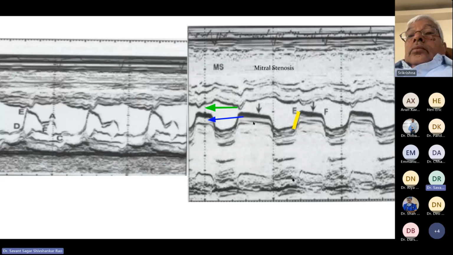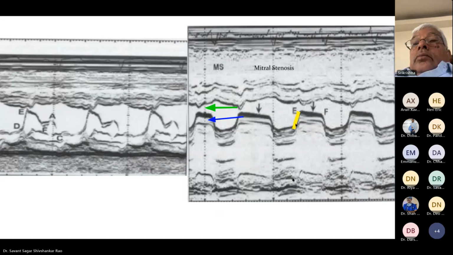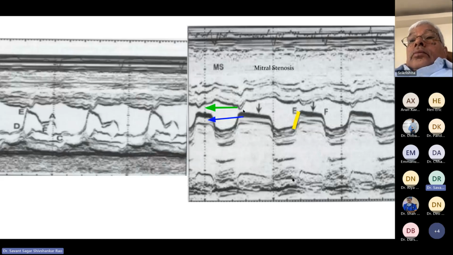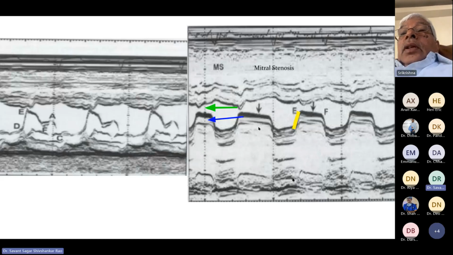We can see the anterior diastolic movement of the posterior mitral leaflet, and the slope, that is E and D, marked with yellow, has reduced, and the green arrow points towards the early diastolic contraction of the interventricular septum. So these are the typical mitral stenosis features in M mode.